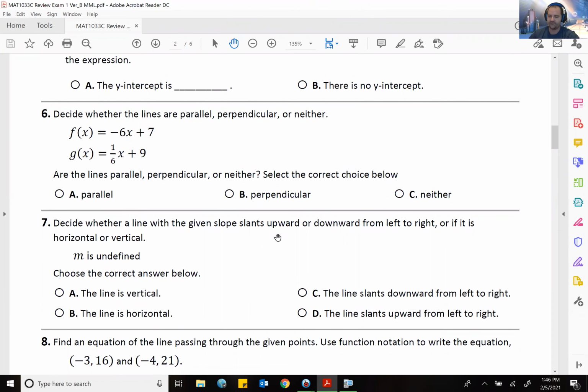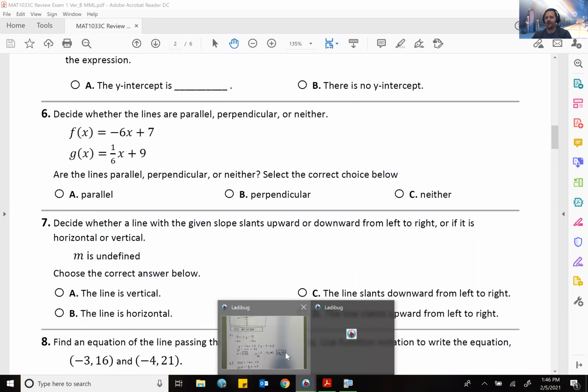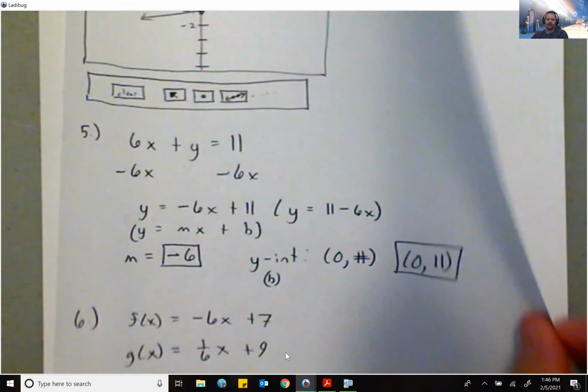So we have f of x equal to -6x plus 7, and this equation g of x equal to 1/6 x plus 9. How do I determine if lines are parallel, perpendicular, or neither?